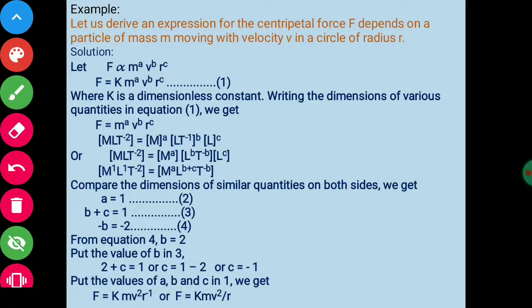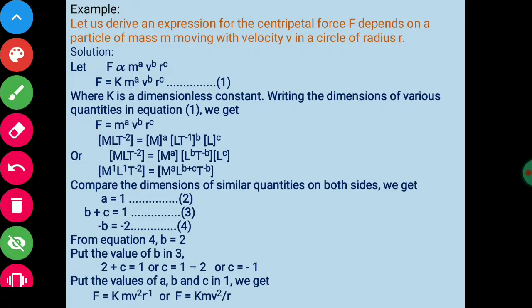The dimension of force is M L T to the power minus 2. The dimension of mass is M raised to power a. The dimensional formula of velocity is L T to the power minus 1, whole raised to power b, and the dimension of radius is length, so it is L raised to power c.